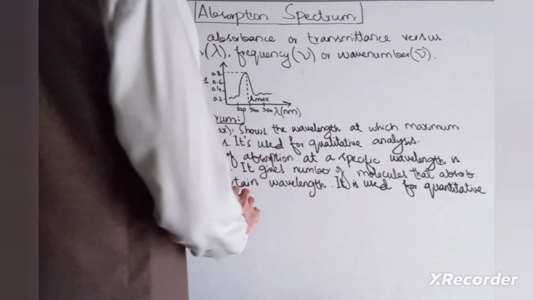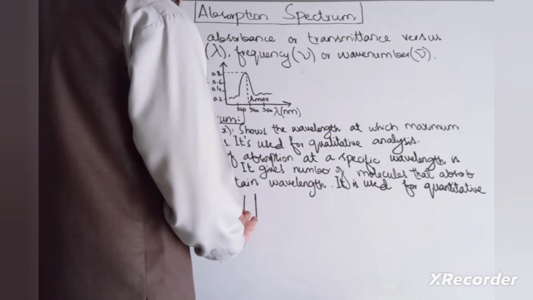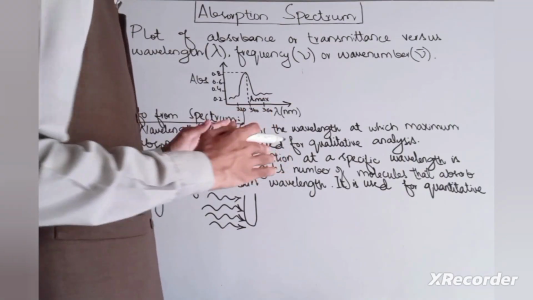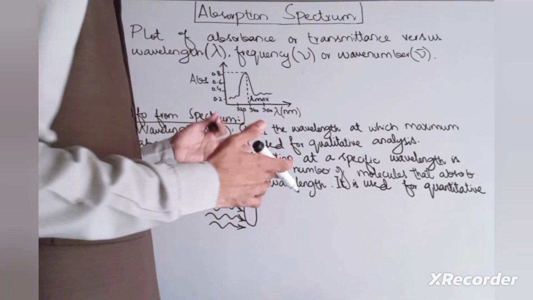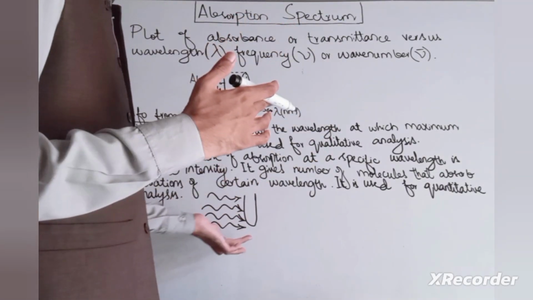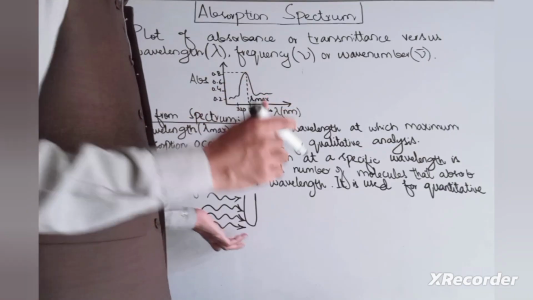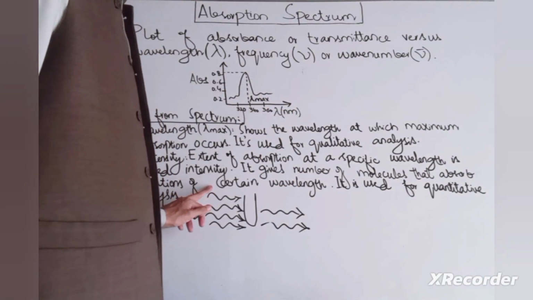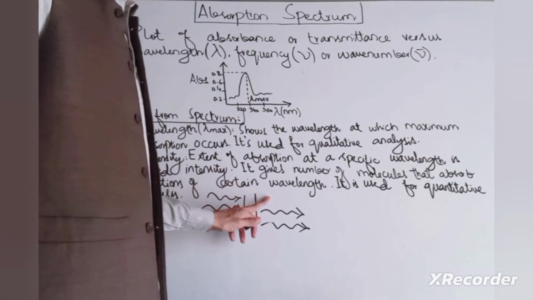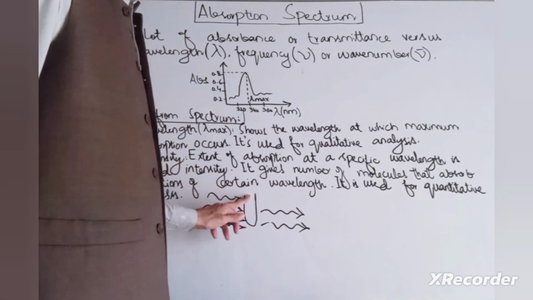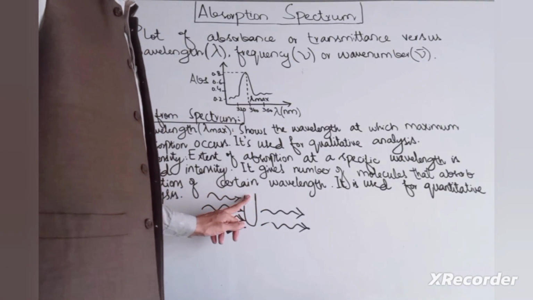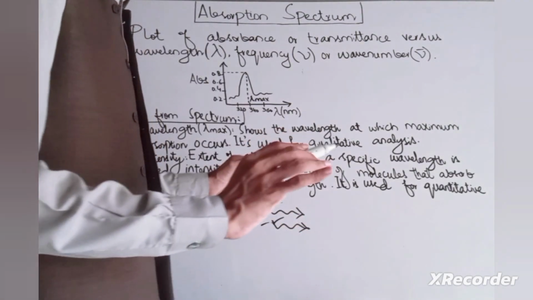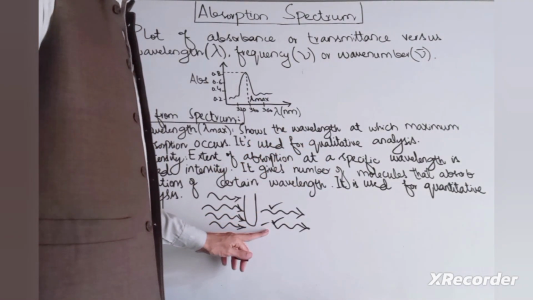Just like we have this sample and we are irradiating the sample with a large number of radiations. Some of the radiations would be absorbed and the others would pass through this solution unaffected. Those radiations which have been absorbed, just like this one, is not present here, so it's the absorption of the solution, and those radiations which have passed unaffected show the transmittance.